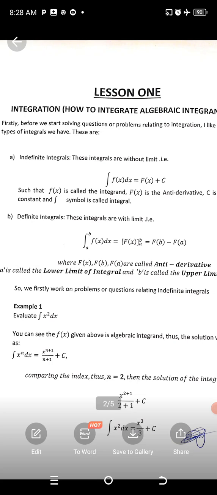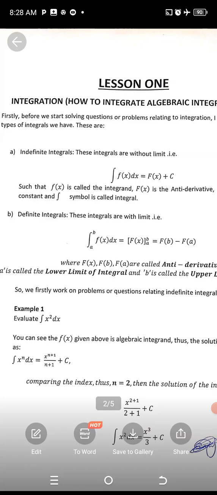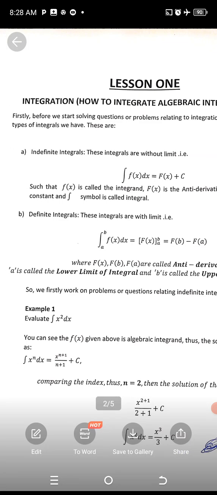That will now take us to definite integrals, and these are a type of integral that has limits. Like the example written there, it is bounded by an upper limit, which is b, and a lower limit, which is a.